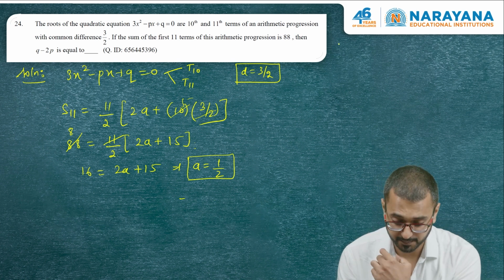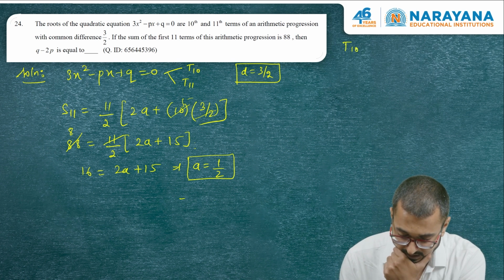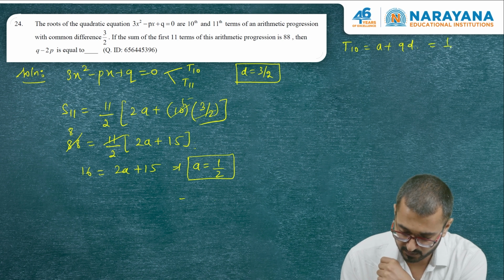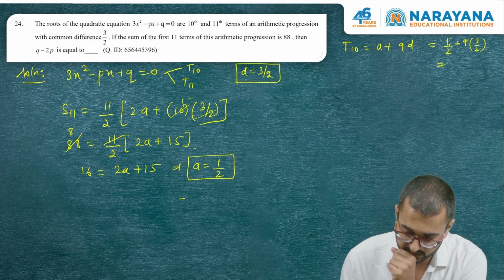Okay, so let's find the roots then. T10 will become a plus (n minus 1)d, so 9d. A is 1 by 2 and d is 3 by 2, so 9 into 3 by 2 gives 27 by 2, plus 1 by 2 is 28 by 2, which is 14. So T10 is 14.